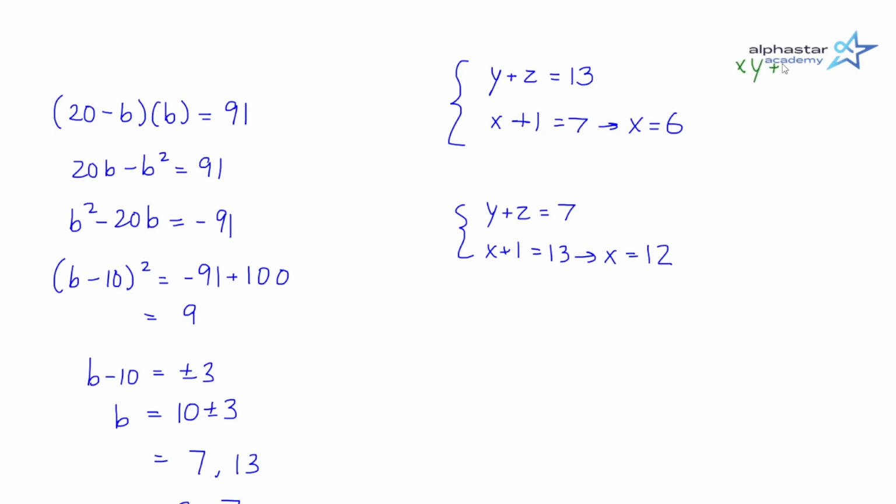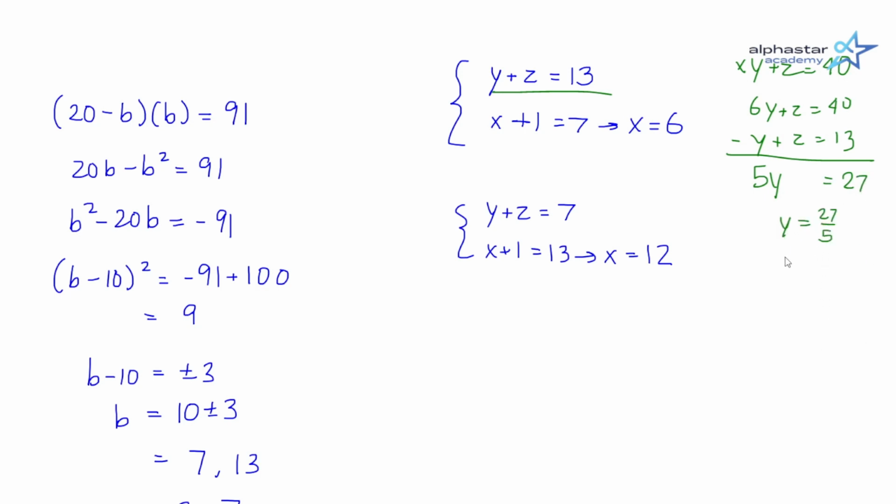We know x = 6, so 6y + z = 40. And y + z = 13 from here. Subtracting those, we get 5y = 27, so y = 27/5. It follows that z must equal 13 minus that, which is 38/5. So one possible triple is (6, 27/5, 38/5).